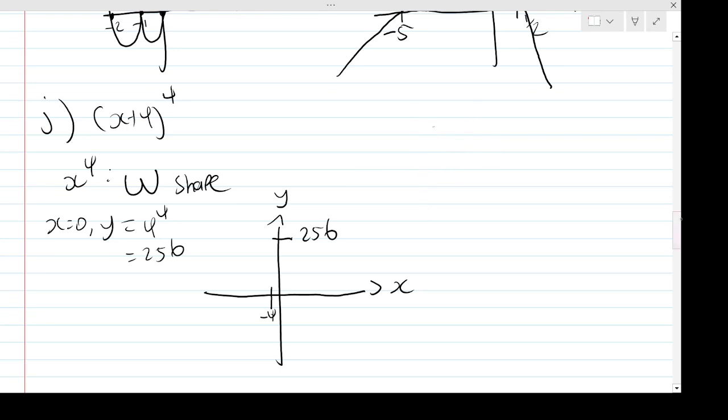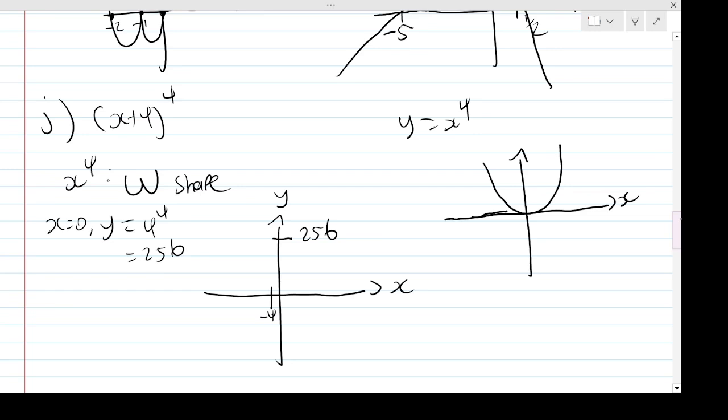In general, when you have x to the 4 like this, which is a quadruple root, x repeated 4 times, it looks like this. It kind of touches it, and it levels off as well, so it looks a bit like that.